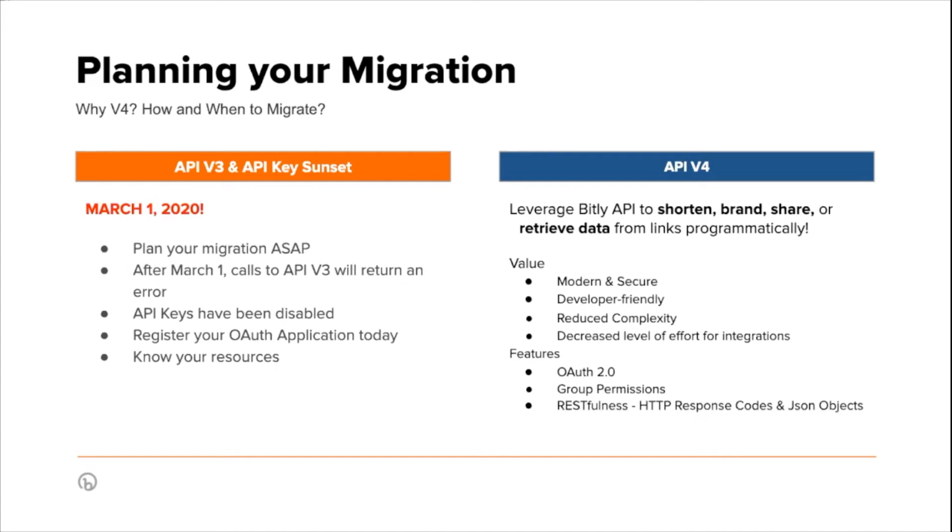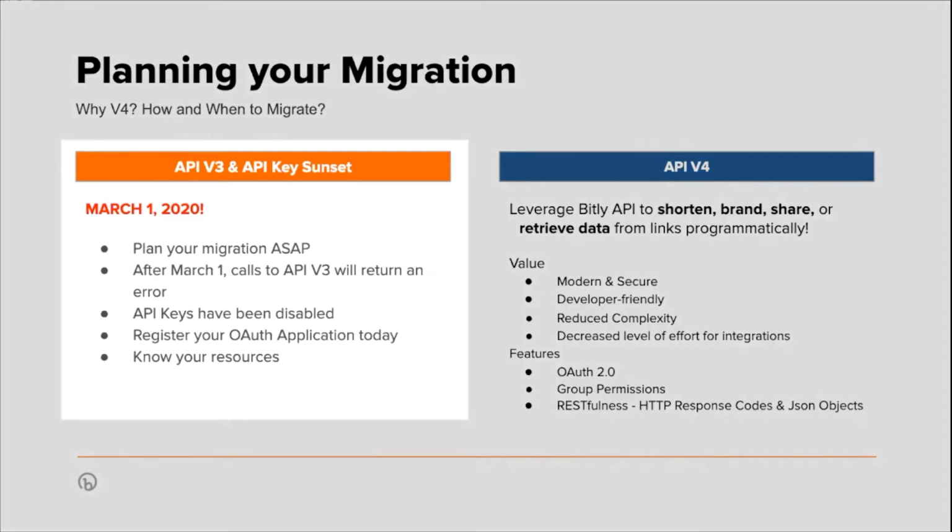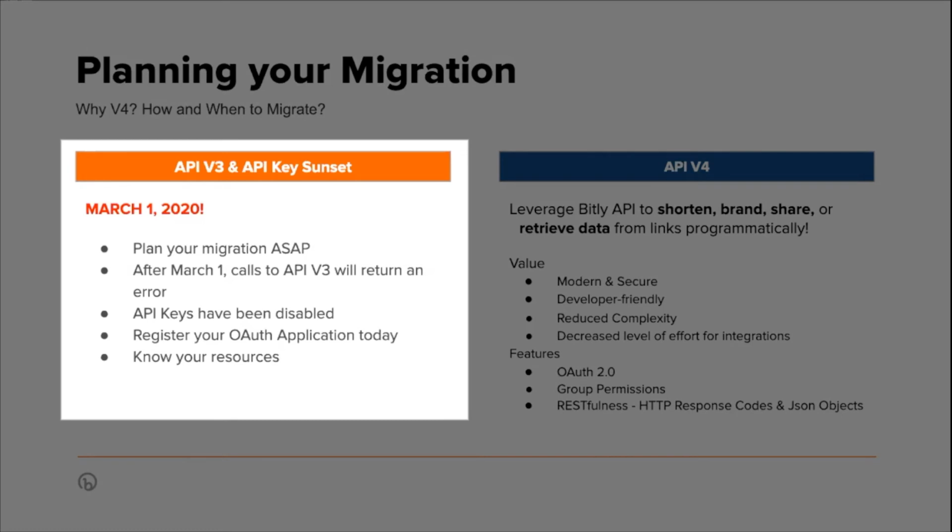Our recommendation is ASAP. And why you should be excited about migrating to API v4 and what additional features it will offer you. So when we start with planning your migration, please remember the date March 1st, 2020, very important. After this date, all calls to any version other than API v4 will return an error, and this will be the formal sunset of that version.